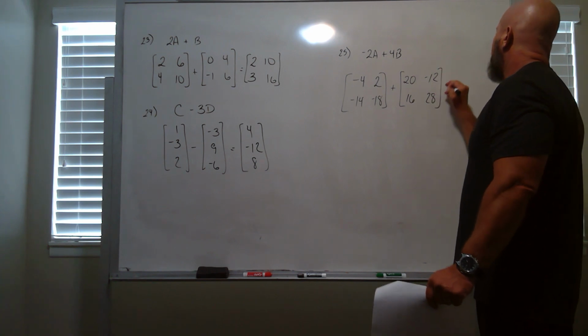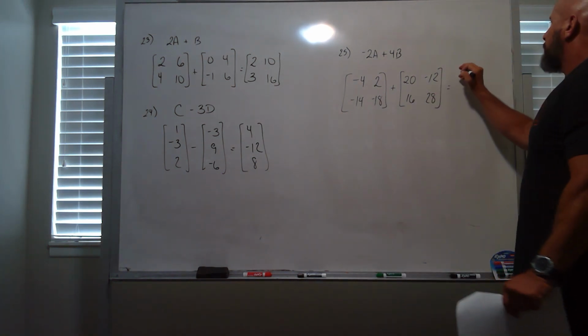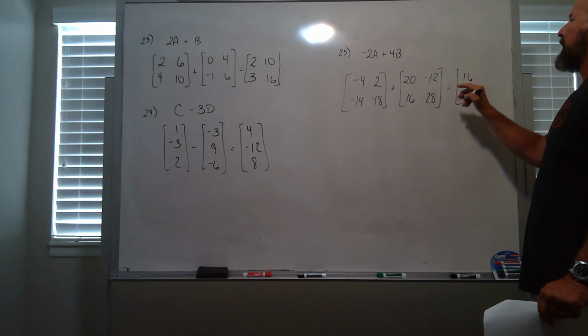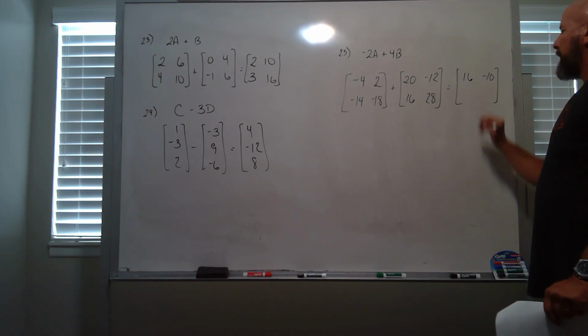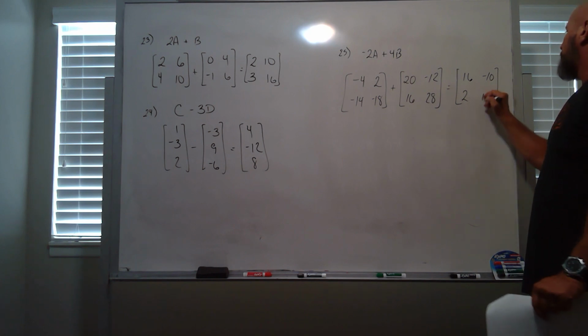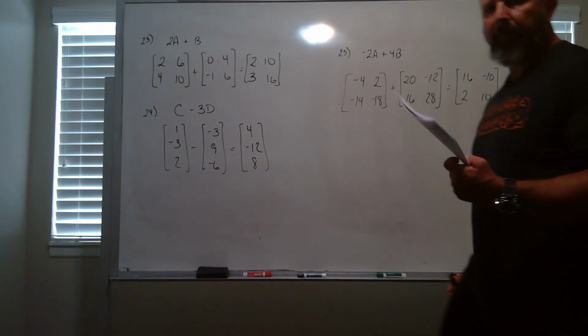Now I can add them. So when I add them, I'd have 16, negative 10, 2, and 10. Those pieces there. Right.